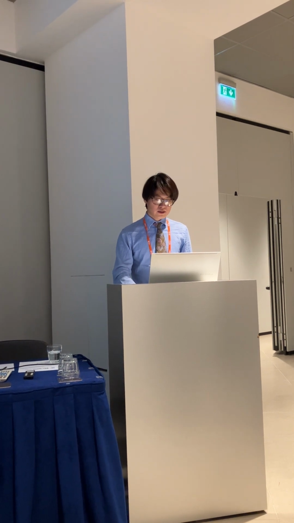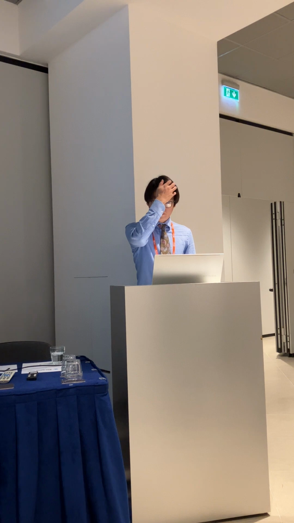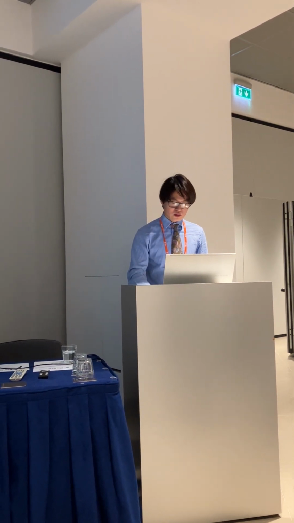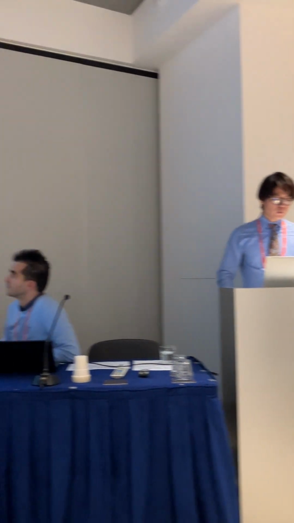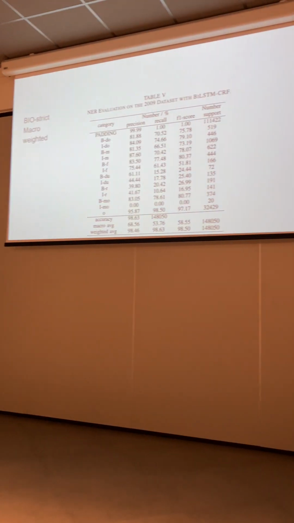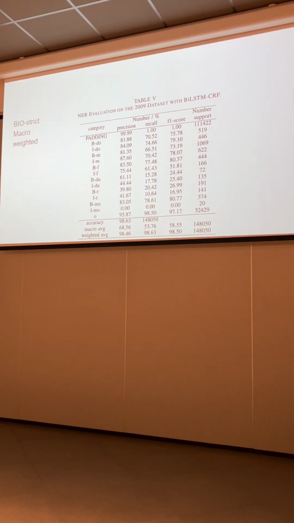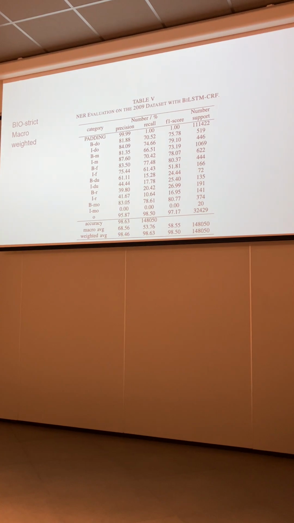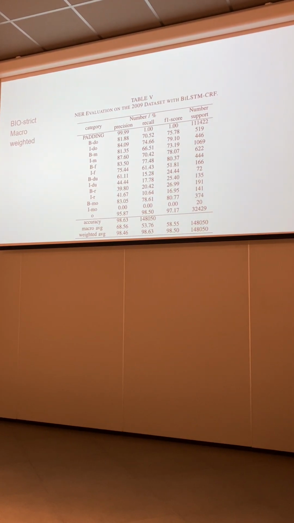And here is another table to show model parameters we use for BioLSTM CRF. And then a brief result on macro. This I call BIO strict, because not only do we need to recognize the category, sometimes if it is a span, we also ask the model to recognize if it's the beginning of the span, or inside the span, or outside the span.